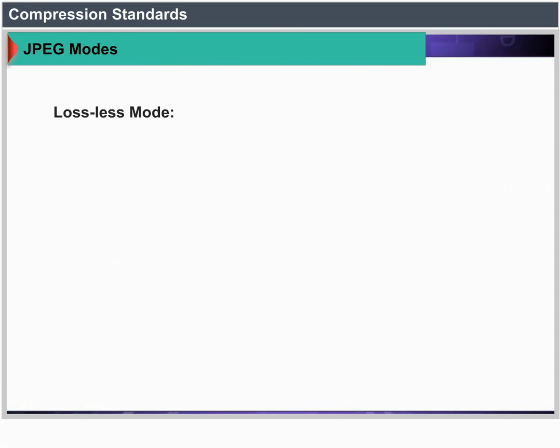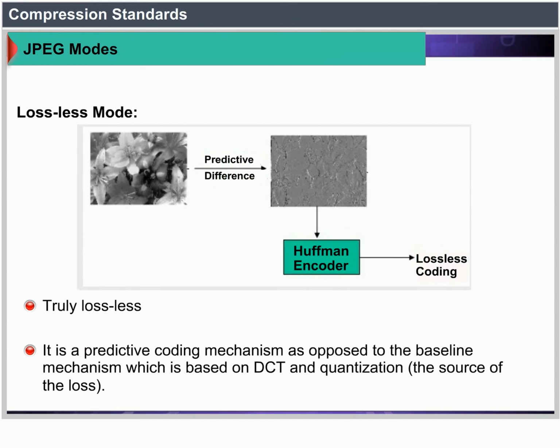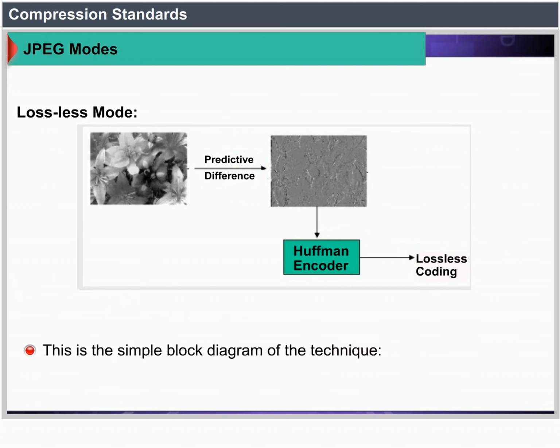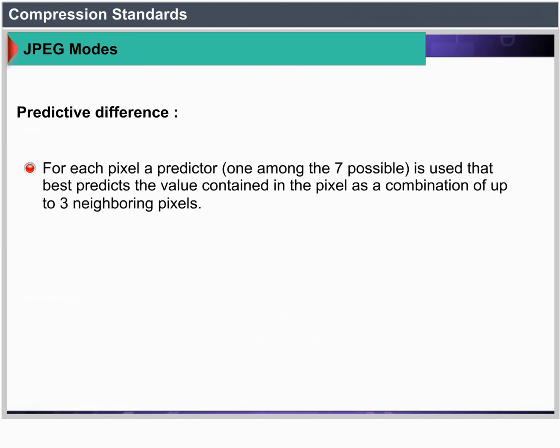Characteristics of lossless mode. It is truly lossless. It is a predictive coding mechanism as opposed to the baseline mechanism, which is based on DCT and quantization, the source of the loss. Here is a simple block diagram of the technique. Predictive difference. For each pixel, a predictor, 1 of 7 possible, is used that best predicts the value contained in the pixel as a combination of up to 3 neighboring pixels.